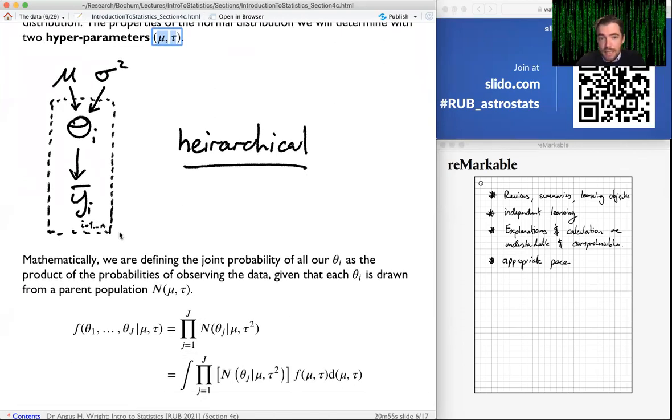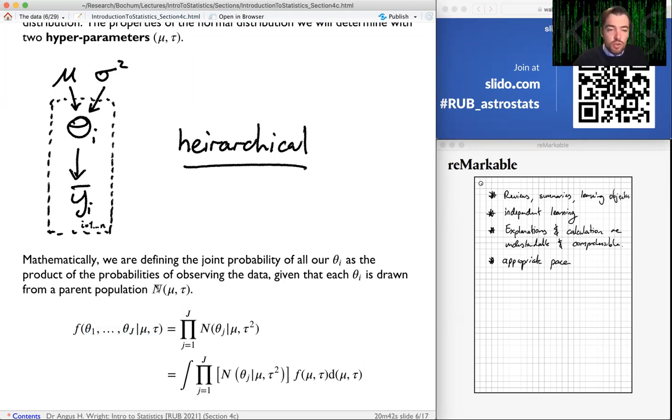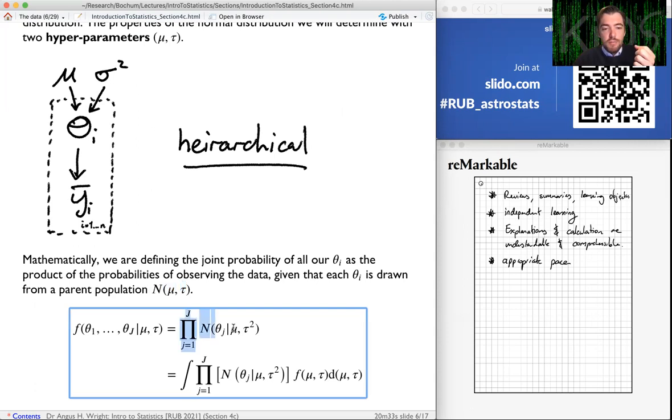Doing this mathematically is really quite simple, because all you have to do to generate this hierarchical model, or rather the posterior for those particular parameters, is draw your values of theta from this parent distribution, which is a normal distribution, and then multiply together all of the different probabilities of observing theta j given the parent population.